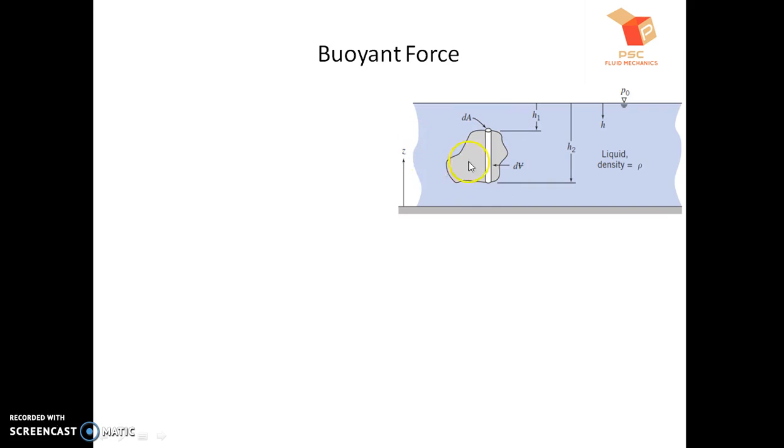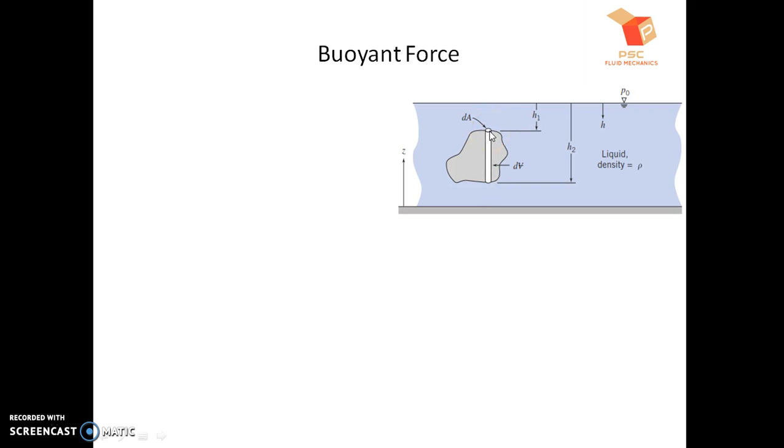When we talk about the horizontal forces, as we know in the horizontal direction pressure is the same throughout, pressure forces in the horizontal direction will cancel out each other, because of which there is no net force in the horizontal direction. But in the vertical direction there will be a net upward force acting, because pressure forces are greater at the bottom face as compared to the top face.